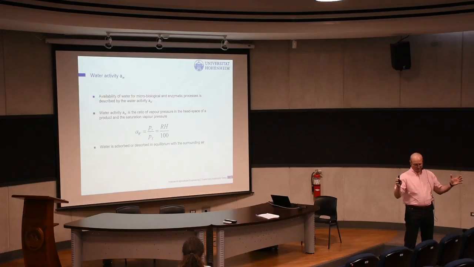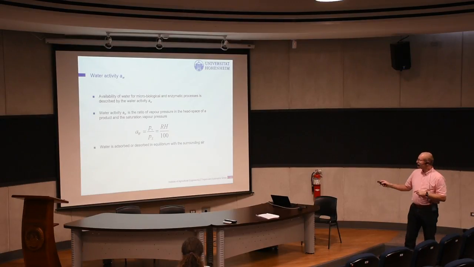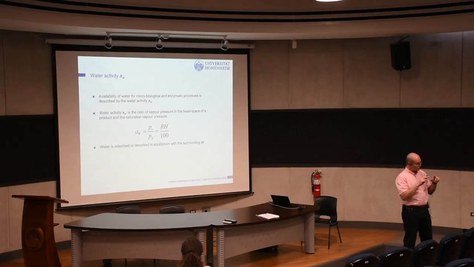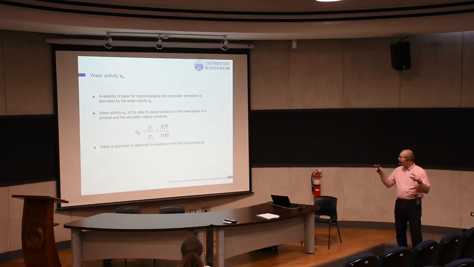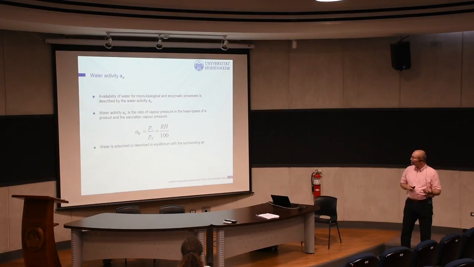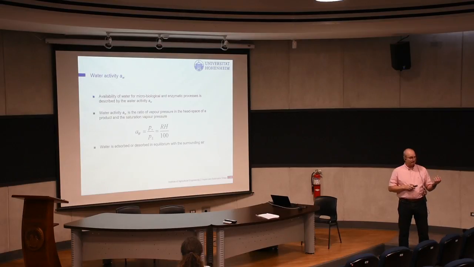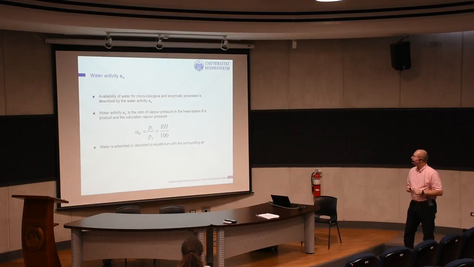Imagine a grain storage or a bag of grain, and in this bag of grain there are air pores inside, and this is the relative humidity inside this pore volume. And this humidity is in exchange with our dried product. The two things, the air in the pore volume and our kernels, are in equilibrium.